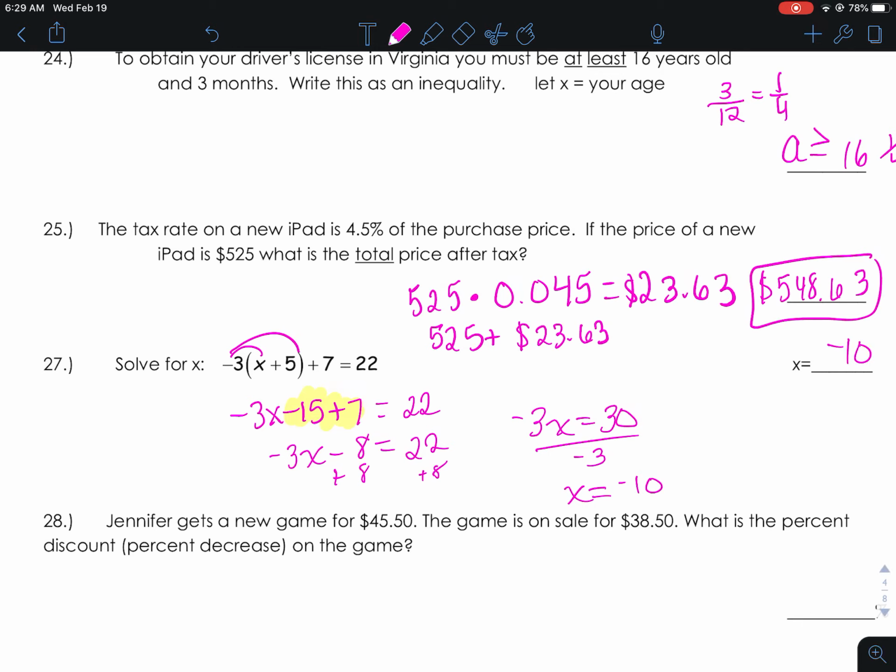You can always check that, just to remind you. You can substitute it back into the equation, and it should equal the other side, which in this case is 22. Then you would just continue from there.